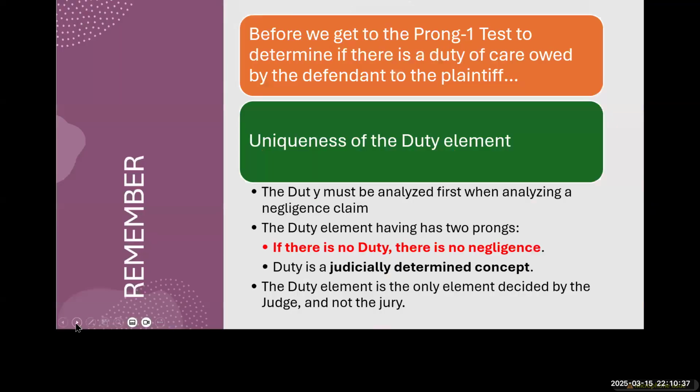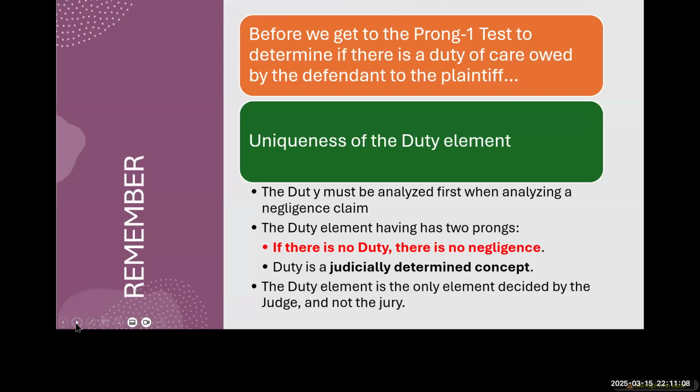Okay. So before we get to the prong 1 test, remember, where are we? Duty. Duty has 2 prongs. 1, is there a duty of care owed by the defendant to the plaintiff? Prong 2, if there is a duty of care owed, what is the standard of care?